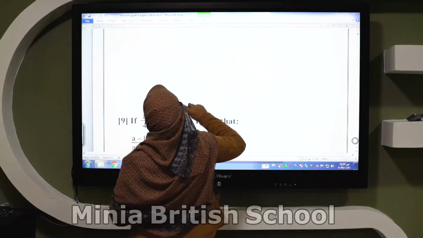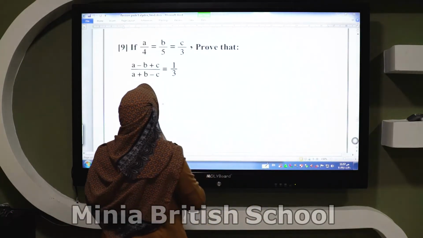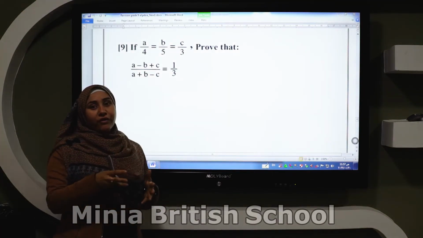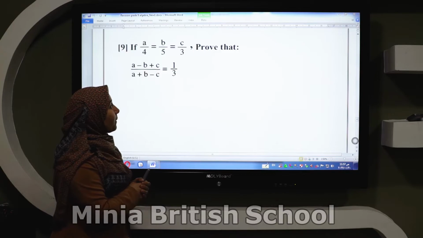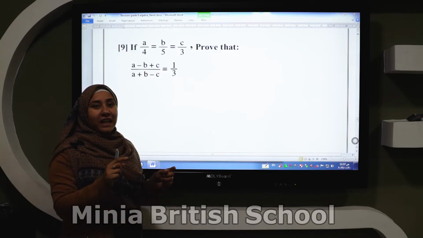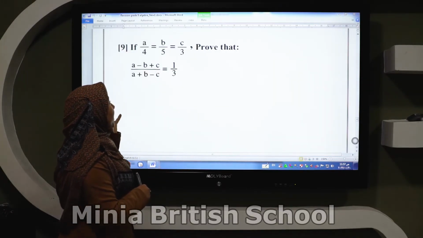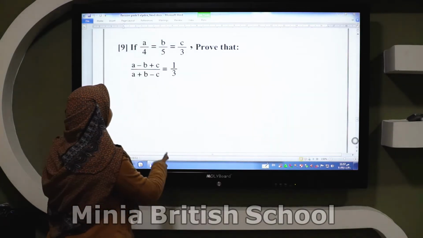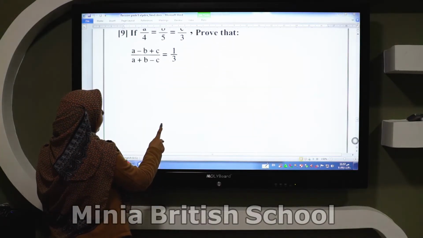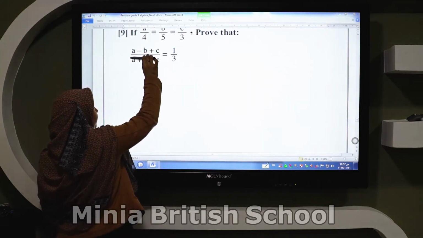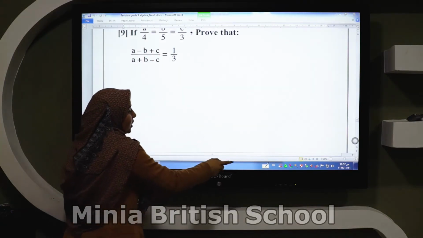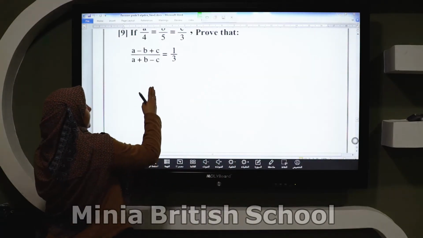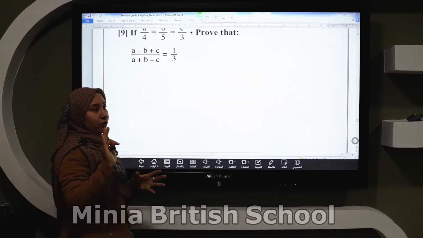Next exercise, number 9, grade 9. If A over 4 equals B over 5 equals C over 3, prove that (A minus B plus C) over (A plus B minus C) equals 3. Okay, here I have first term and second term. To find the first term, you can multiply the second ratio by -1.